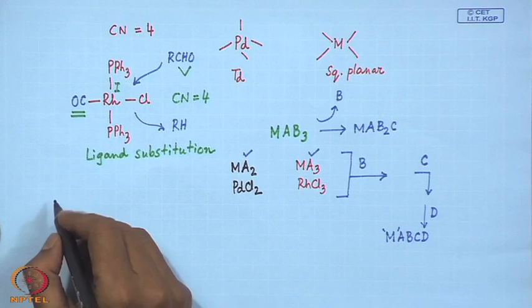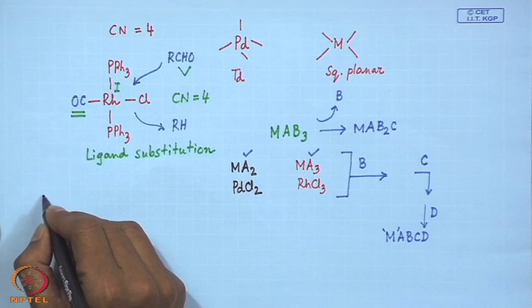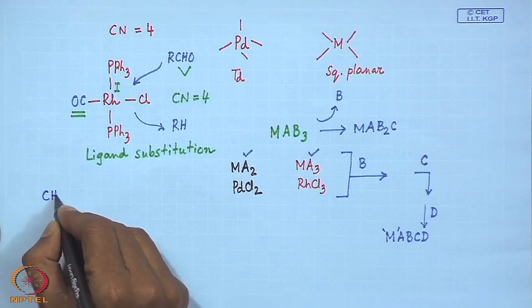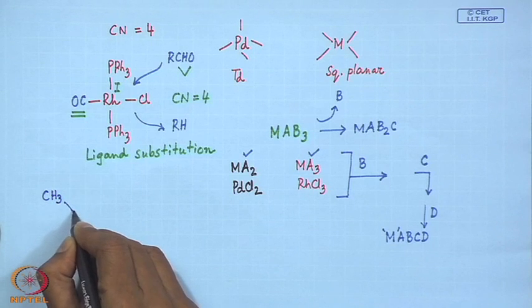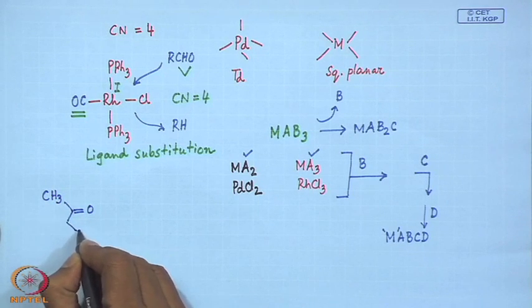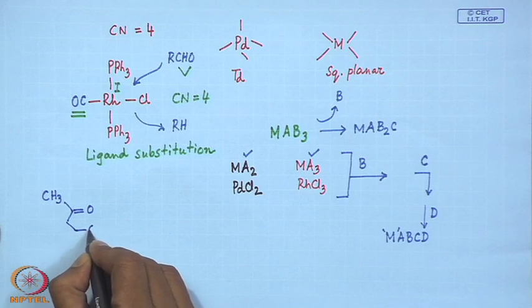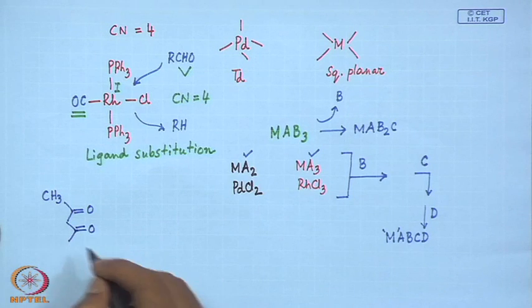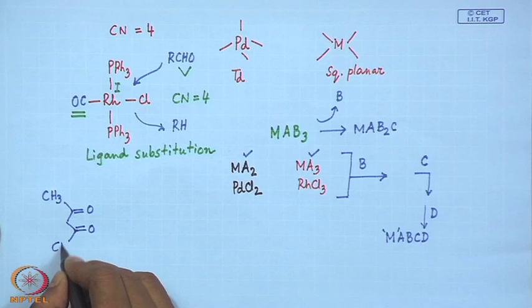When we have been talking about several bidentate ligands, one good example we have seen is acetyl acetone, which is CH3 CO CH2 CO CH3.